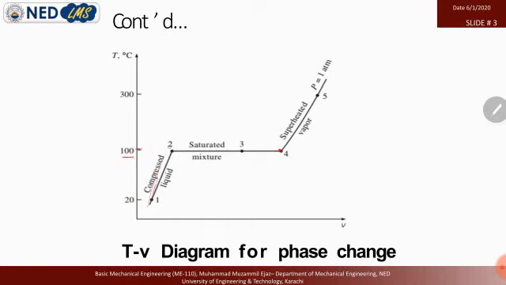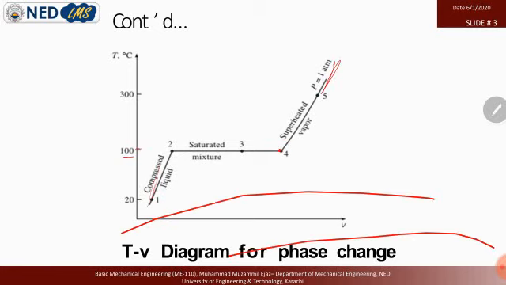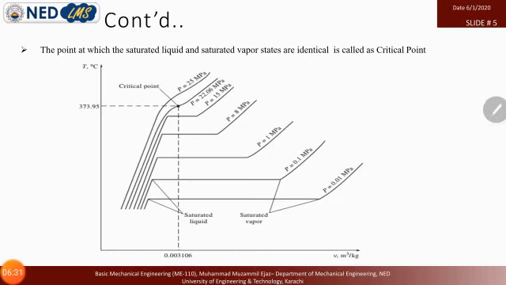When we do this operation at different pressures, like in this diagram, 0.01 megapascal, 0.1 which is 1 atm, 1 megapascal, and so on, we get different saturated liquid and saturated vapor points.